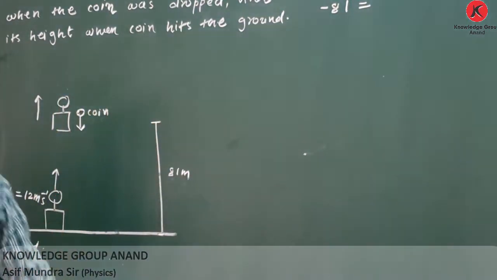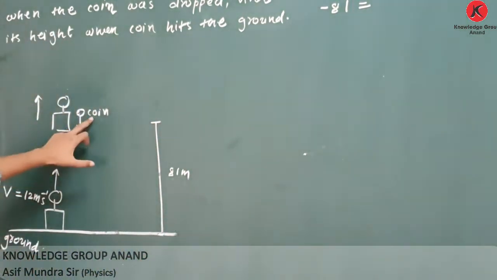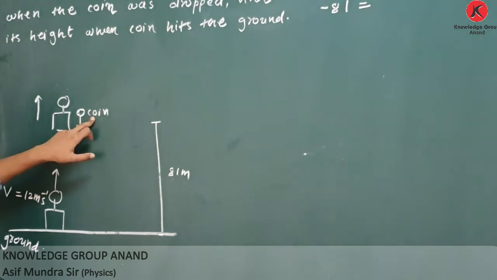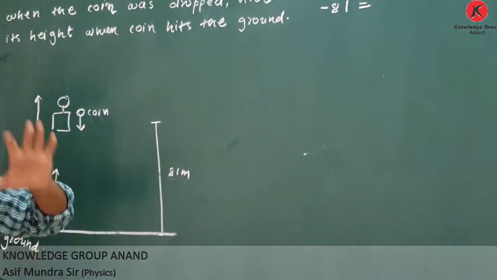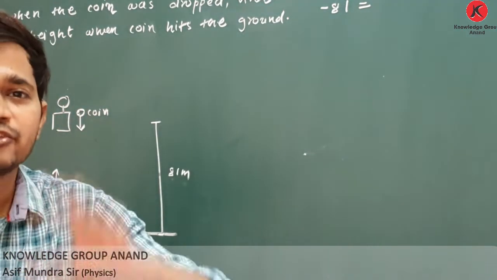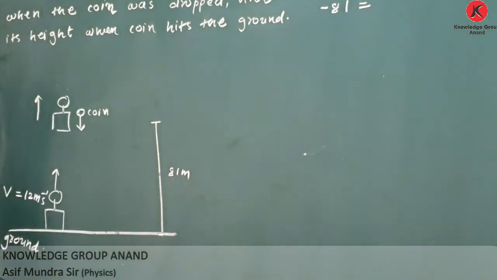Now you must be thinking the coin is dropped, so its initial velocity will be 0. No. Here the initial velocity of the coin is not 0. Why not 0? Because initially the coin is in the balloon, and if the balloon is moving with velocity 12 meters per second in the upward direction, then the coin is also moving with velocity 12 meters per second in the upward direction.